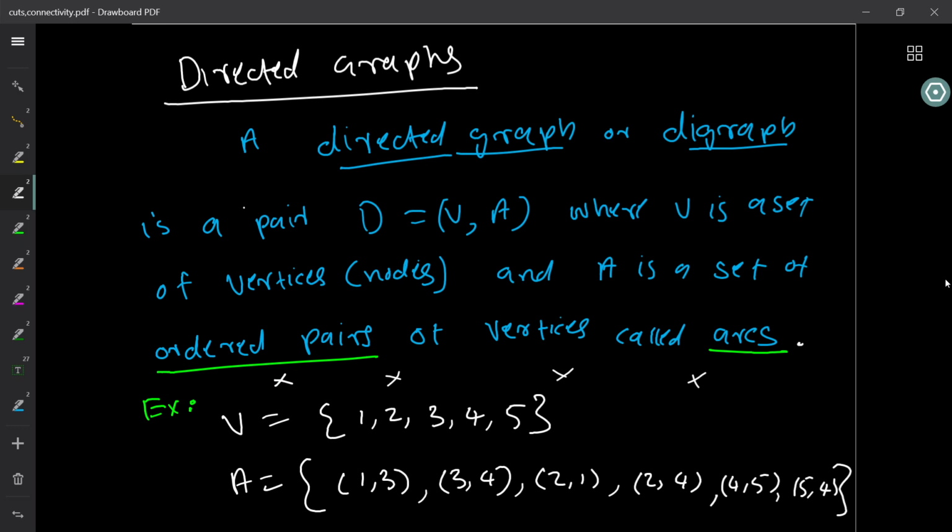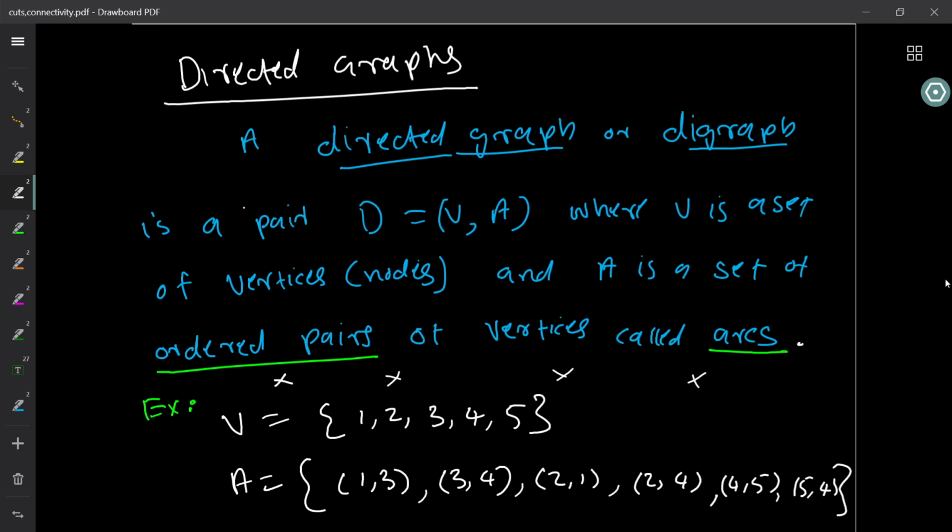Ordered pair means that there is an order, right? It says that if (A, B) is an ordered pair in the arc set, then you are saying that from A to B the traffic is positive, or like A is the father of B or something like that, some relation.